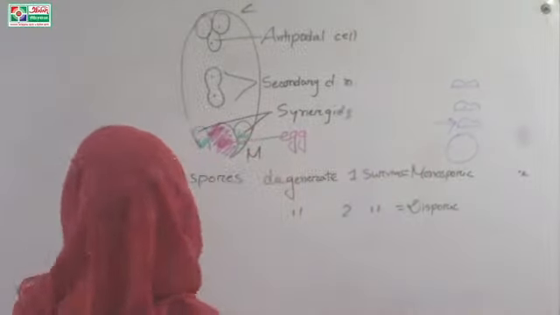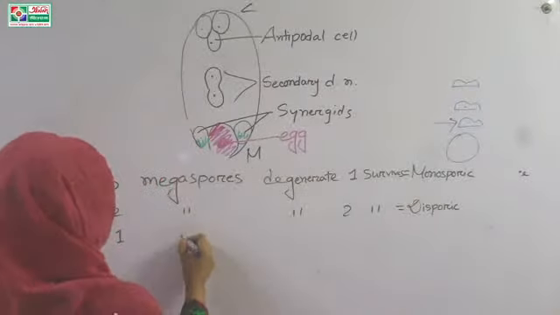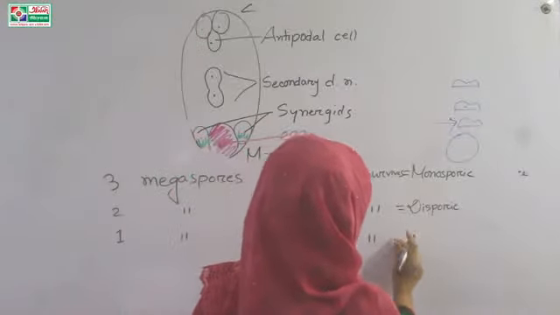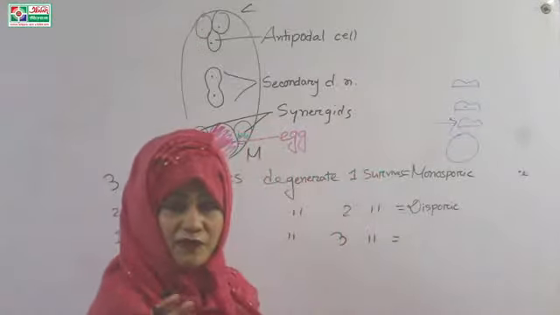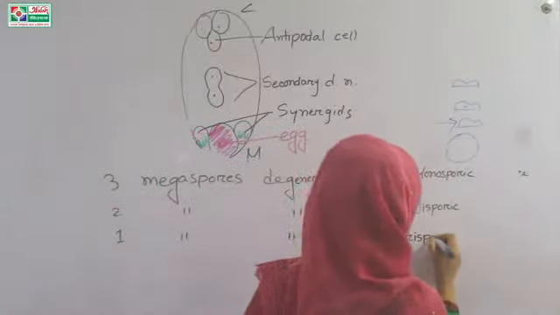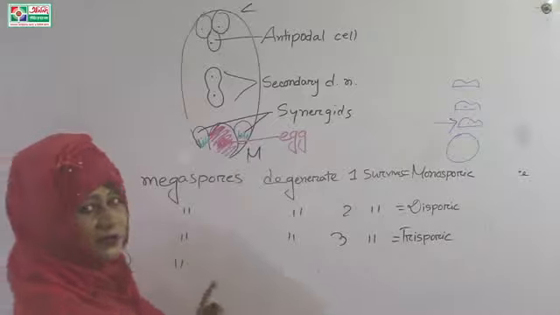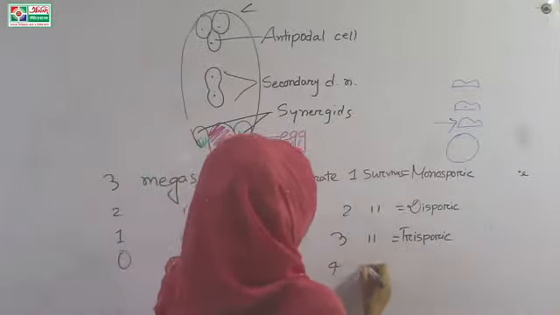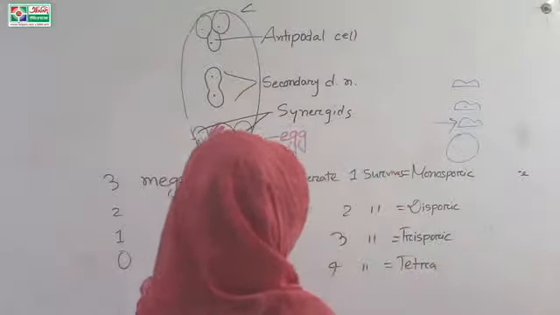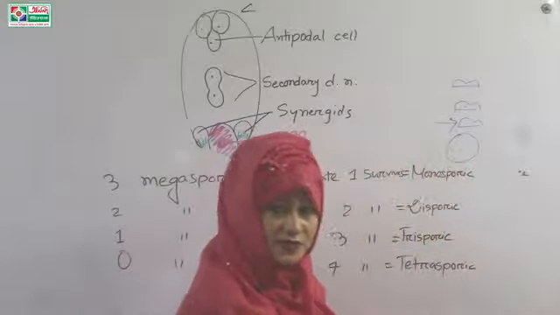Out of four megaspores, one degenerates and three survive; this type of embryo sac is known as trisporic. And when none of the megaspores degenerate and all four survive, this type is known as tetrasporic. Right, students?